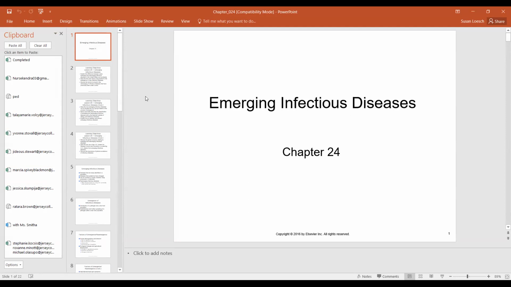Emerging infectious diseases. So emerging infectious diseases are basically diseases that we are newly identifying within a population, or it could be a disease that previously existed, but it's changed.